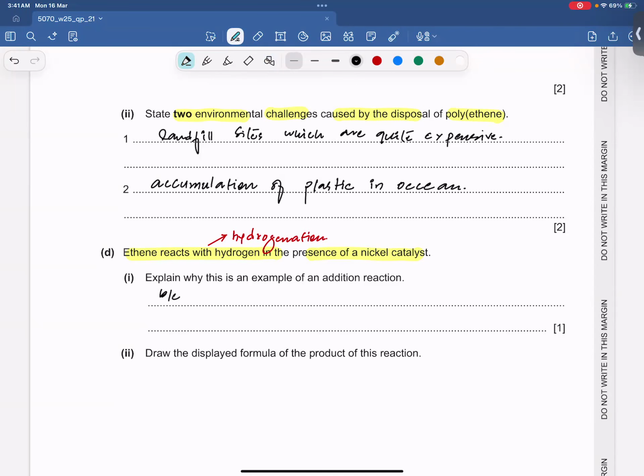Because when two molecules are reacting together, only one molecule is formed.